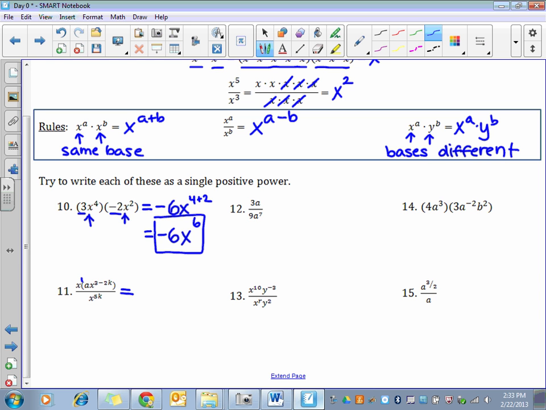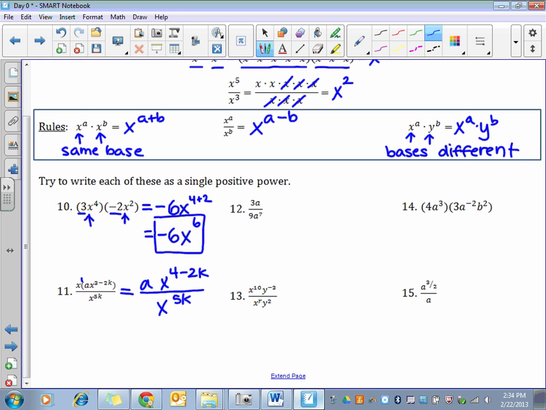In the numerator, let's combine all the powers of x first. I have x to the first power and x to the 3 minus 2k. Since I'm multiplying, my rule tells me that I add the exponents. Nothing happens to the a, so I've got x raised to the 1 plus 3 minus 2k, or 4 minus 2k power. And in the denominator, I still have x raised to the 5k power.